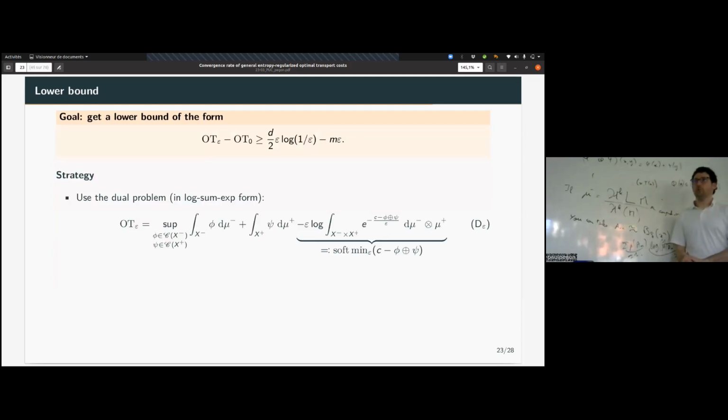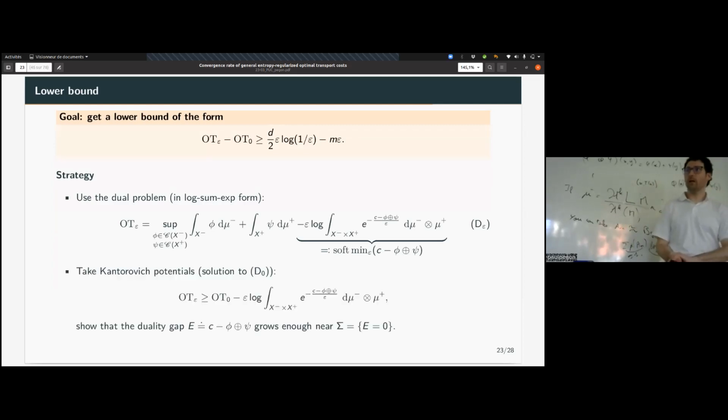For this, as I said, we use the dual problem. Okay. And we just use as a competitor in the dual problem the optimal solution of the problem at zero temperature. You can pick the phi and psi which are the optimal potentials. In this case, this is exactly OT0. And what you get is this term. OT epsilon is bigger than OT0 minus a soft mean of the energy gap.